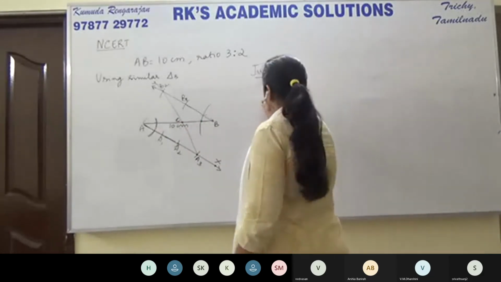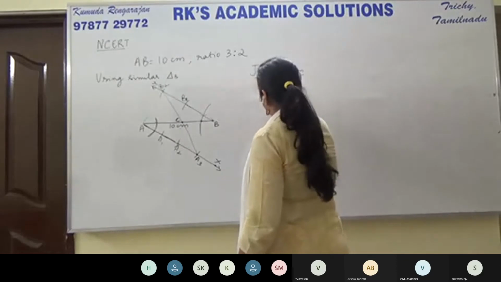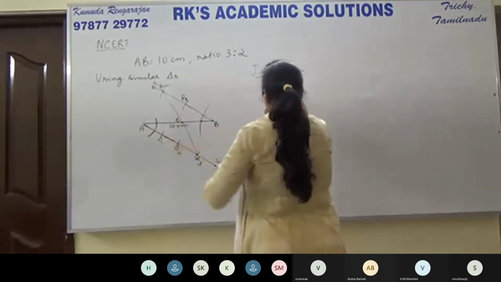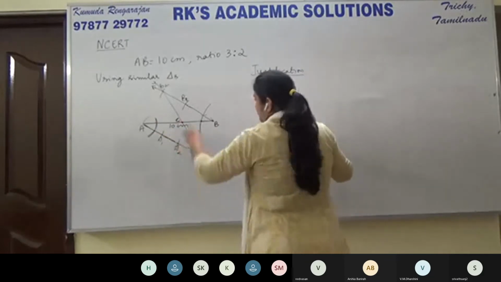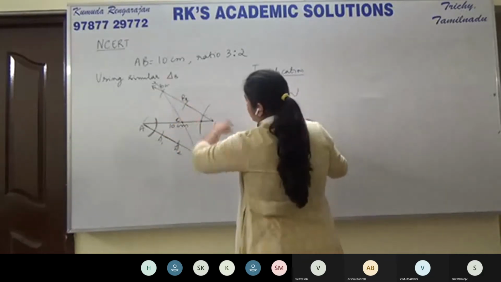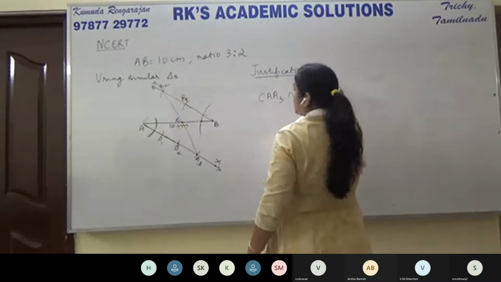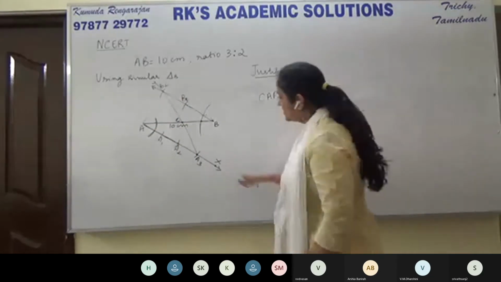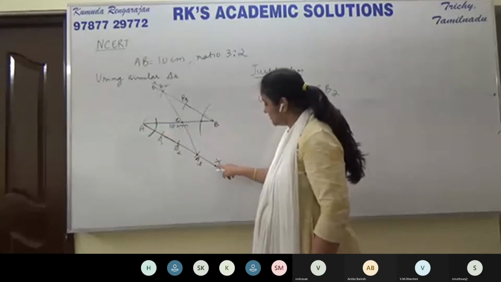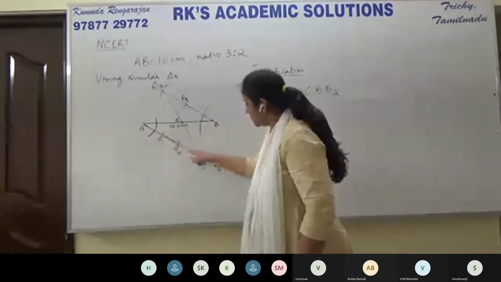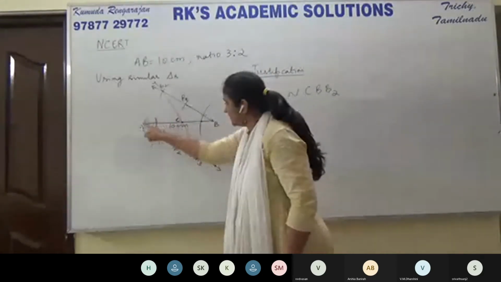So how do you name them? Triangle CAA3 is similar to, if you say CAA3, you must say CBB2. Name the triangles. CAA3, not X. See here, this is the triangle.